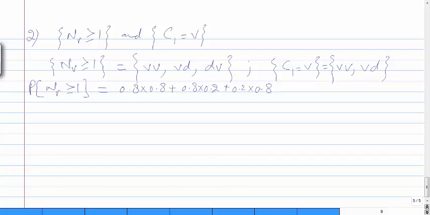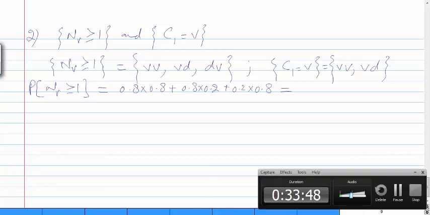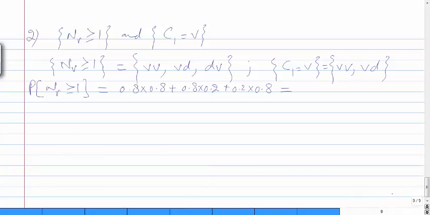If I do the simplification, it becomes 0.96.